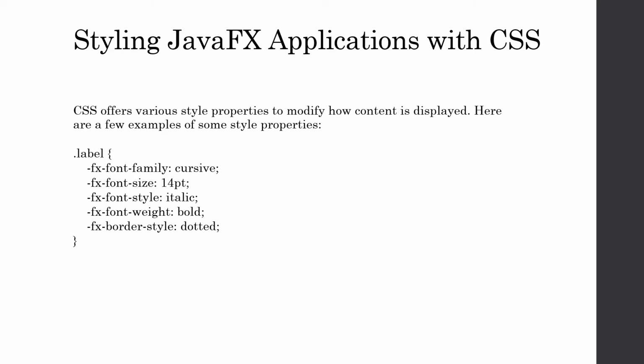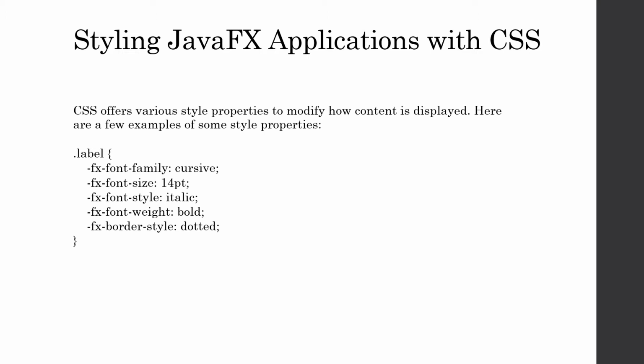So CSS is going to offer various style properties to modify how our content is going to be displayed. So here are a couple of examples of some style properties. So we've got our label, we have dot label for the selector, we then have that pair of curly braces for the body of the selector, and then inside of there we can see a couple of different rules in the form of a property, then a colon, and then a value that we want to apply to that property.